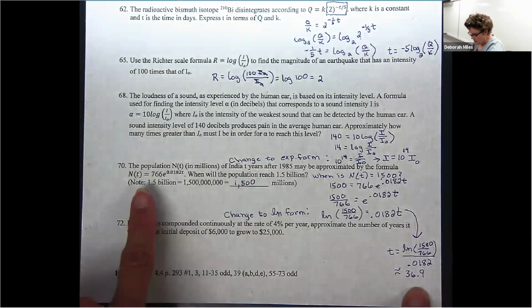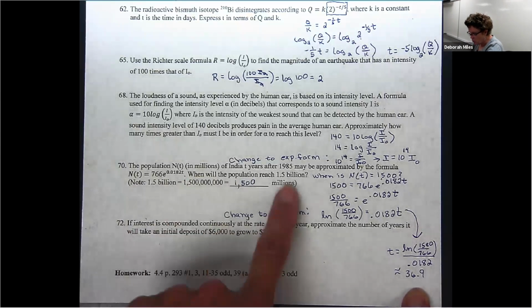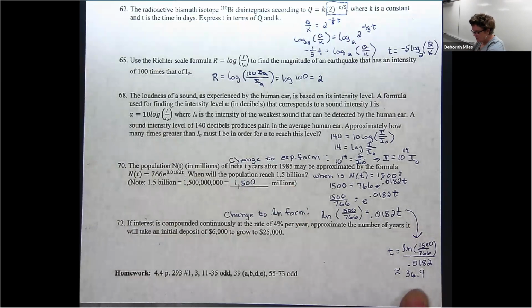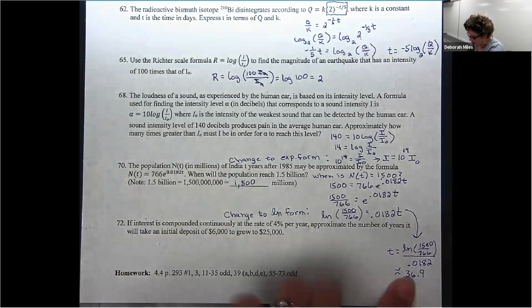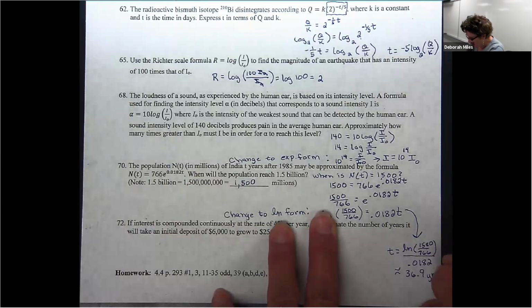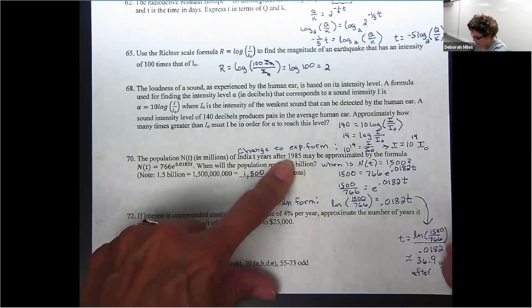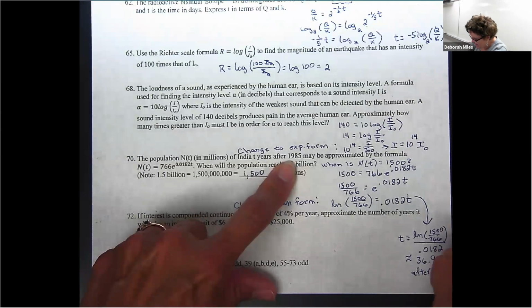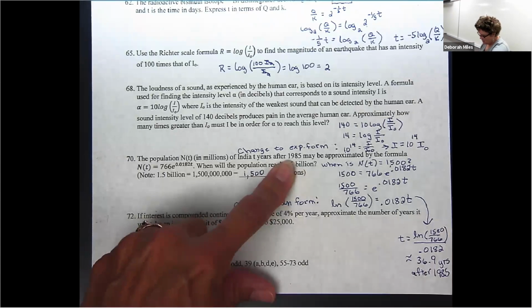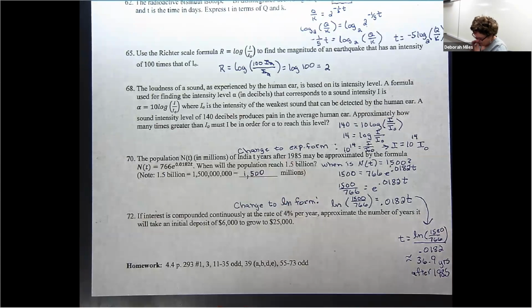Since the question is, when will the population be 1.5 billion? That's going to be about 37 years after our original time was 1985. 37 years after 1985 is actually next year.